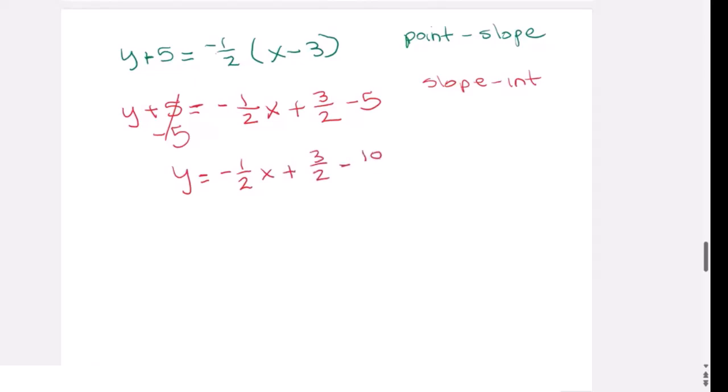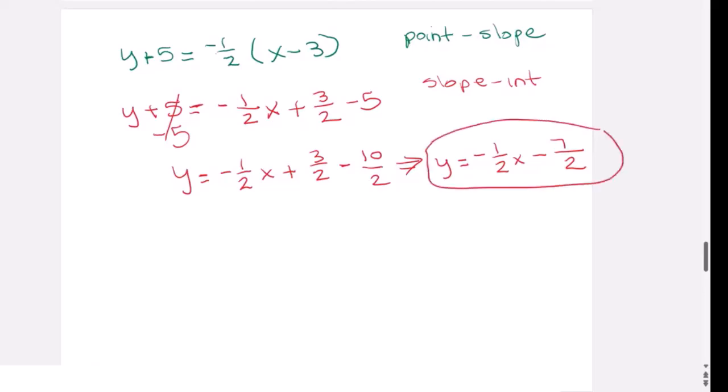This is 10/2, the same as 5. So we get y equals negative 1/2 x. And then 3 minus 10 is negative 7, so minus 7/2. So now, if you notice, it is in slope intercept.